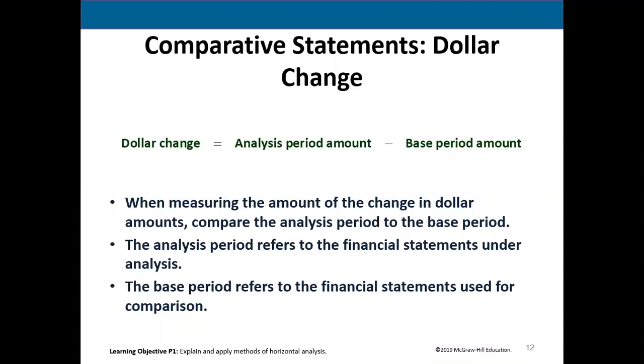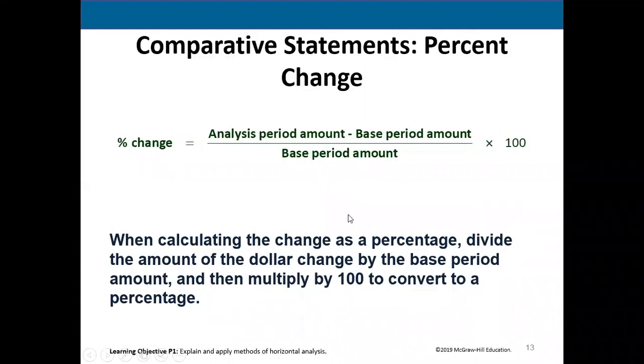Now, if you're only trying to determine how this item changed from last year, then your base period would be last year. Once you get that dollar amount change, now create this fraction. It'll be that dollar change, whether it's positive or negative, divided by the base period, which would be last year in the case on page 616. Then multiply that by 100 to get a percentage.